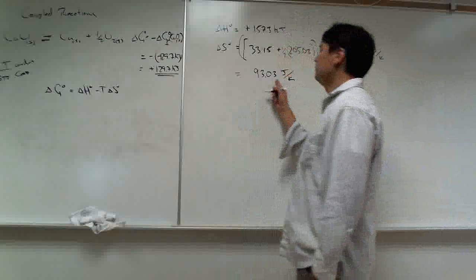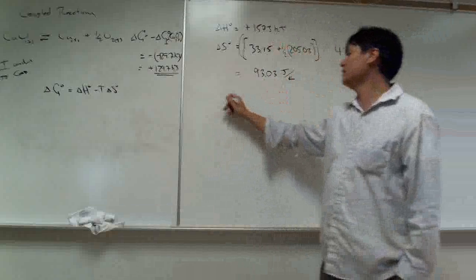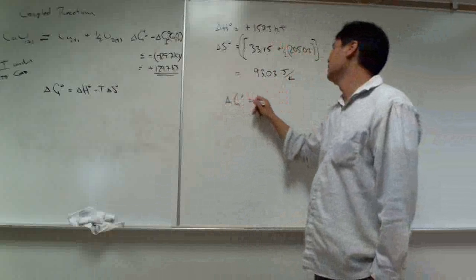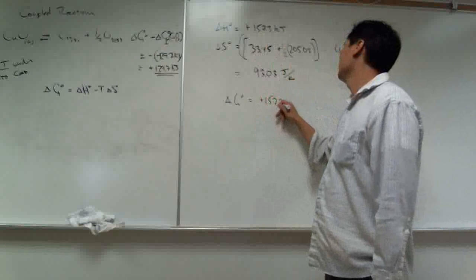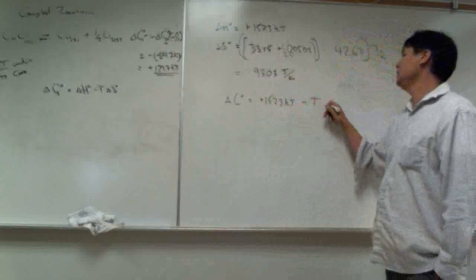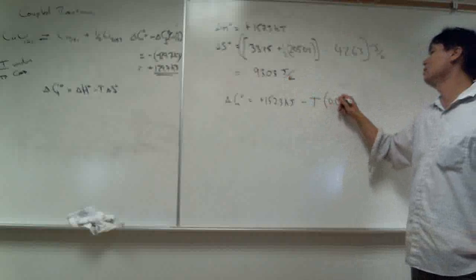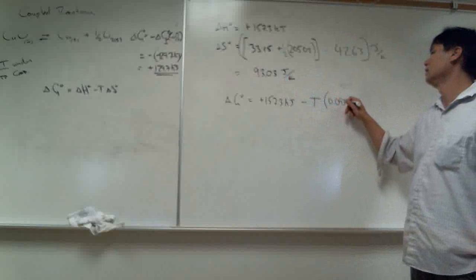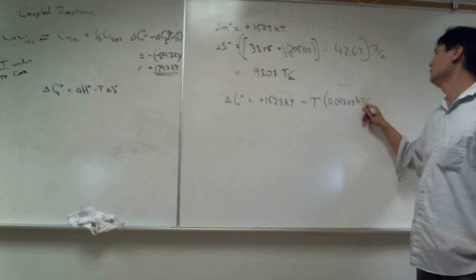This is good. This is favorable. And this is unfavorable. And so what we have here in our delta G naught equation is this plus 157.3 kilojoules that's preventing reaction, minus T. Okay, we're going to convert this into kilojoules. So 0.093 kilojoules per Kelvin.